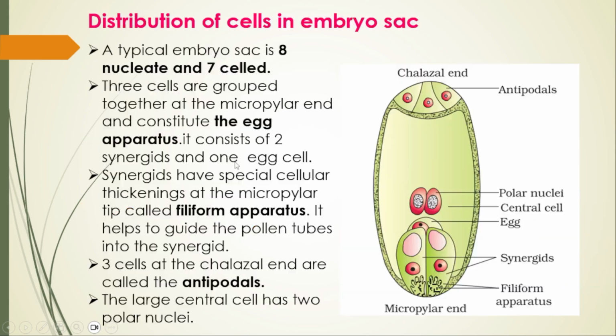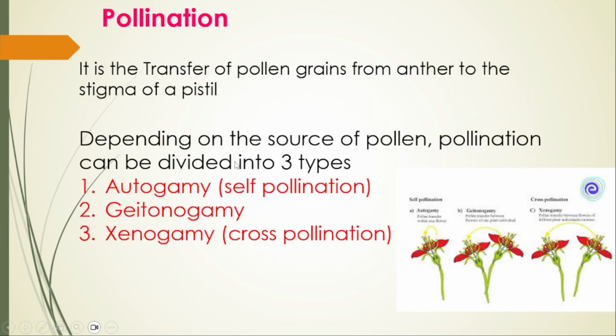Next, let's talk about pollination, a very important part of the chapter. It is the transfer of pollen grain from the anther to the stigma of a pistil. Up to this point we came to know how the male gametophyte and female gametophyte are formed. After that formation, how is the male gamete transferred to the female gametophyte? As you know, a plant or plant gamete can't walk.